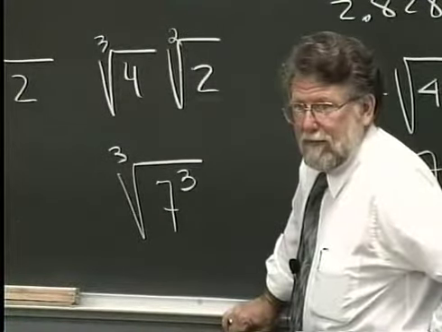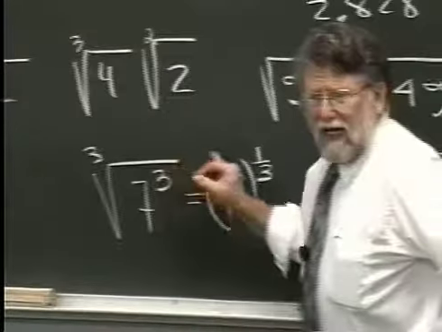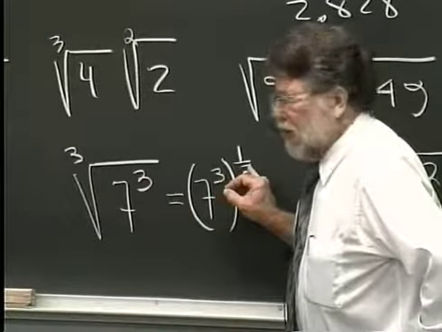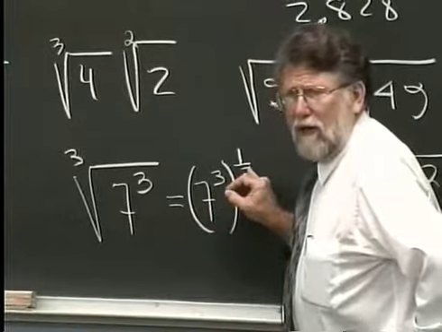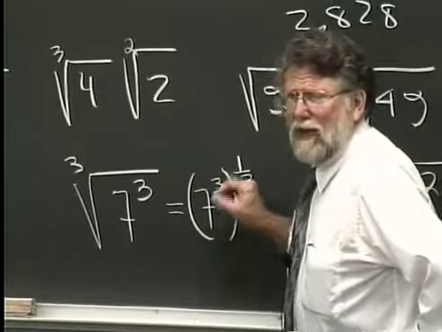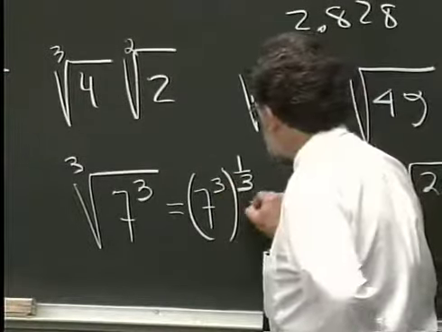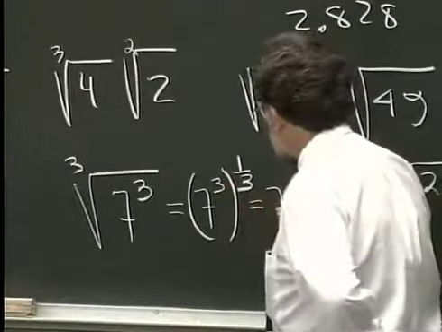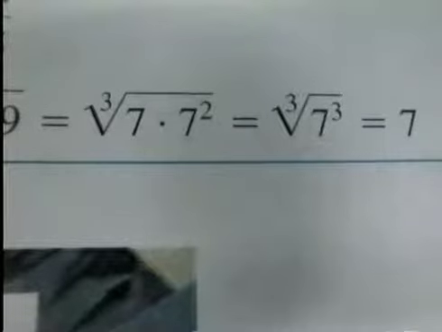Does that help it? The cube root is the same as the 1/3 power. So 7 to the 3rd to the 1/3, now you multiply the exponents, you get 3 times 1/3 is 1, and therefore 7. More or less. Let's go back to the book. That's the idea there without going to the fractional exponent.